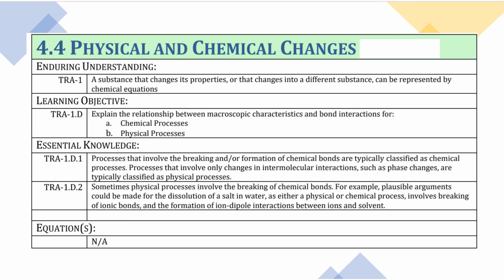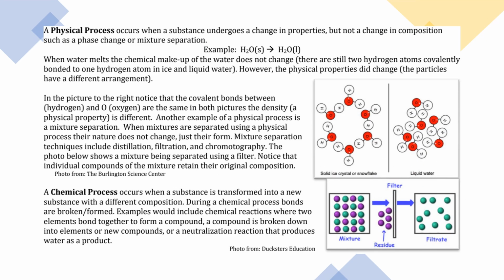Topic 4.4, physical and chemical changes. The objective is to be able to explain the relationship between macroscopic characteristics and bond interactions for chemical and physical processes. A physical process occurs when a substance undergoes a change in properties, but not a change in composition, such as a phase change or mixture separation.